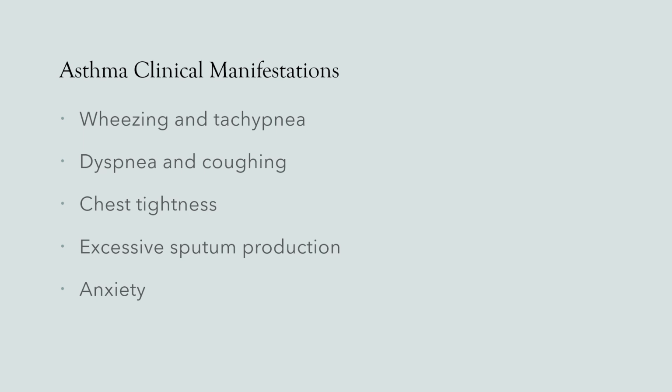They may or may not notice increased sputum production, but these patients have anxiety, and that's notable because it's severe and sudden onset. Whereas your pneumonia patient, your COPD patient, those are kind of slow, brewing, longer term, at least, difficulty breathing.